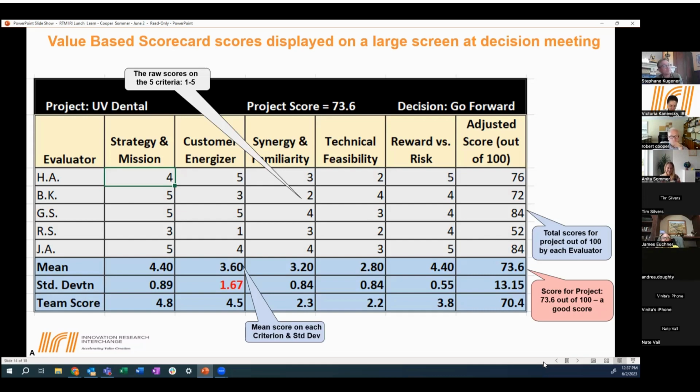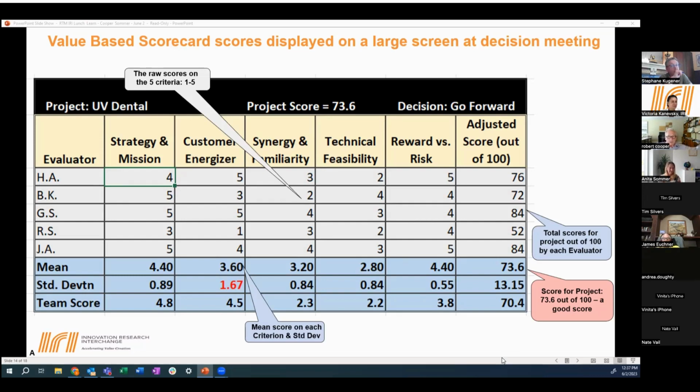For example, when you read down that customer energizer column, that's the 3rd column in, you see the first guy gives it a 5. The 4th guy gives it a 1. Well, are these guys on the same planet? Are they talking about the same project? So if you're the facilitator of this meeting, and by the way, you need a facilitator to make this work, you say, well, who was the person that said 5?